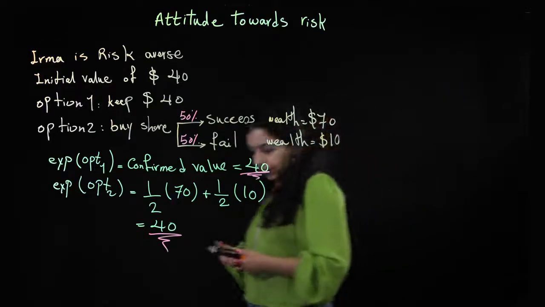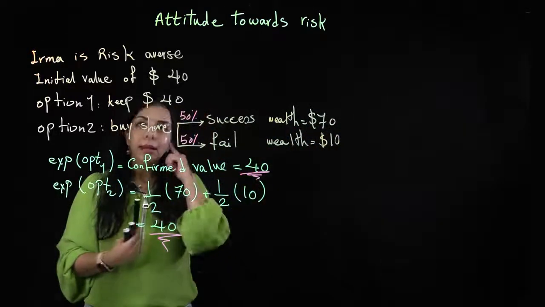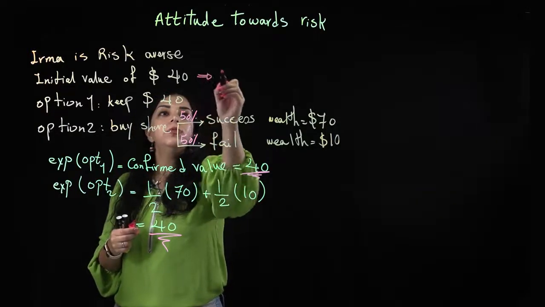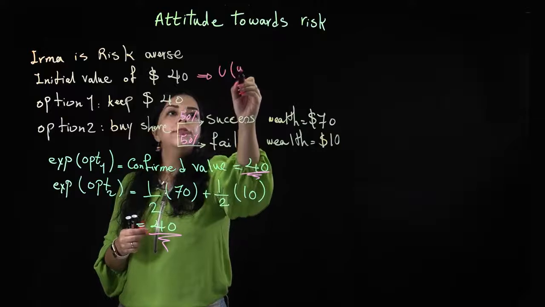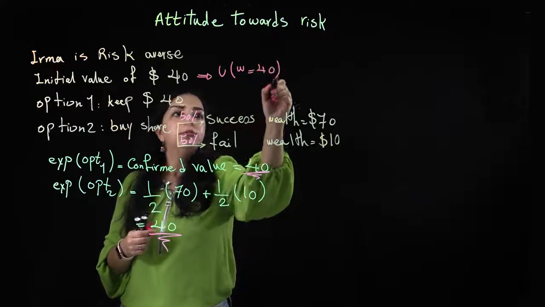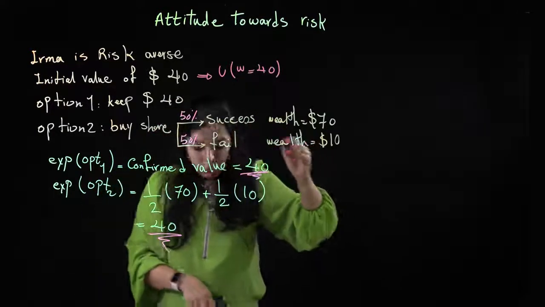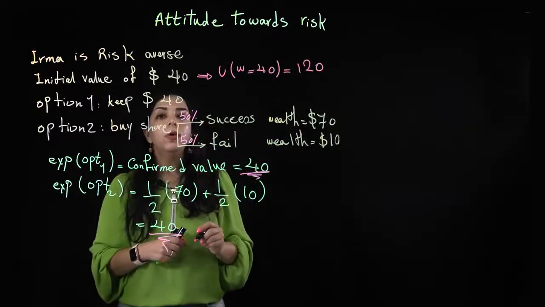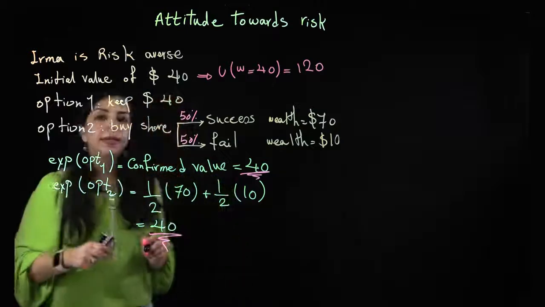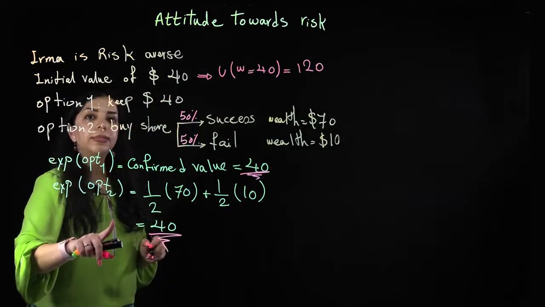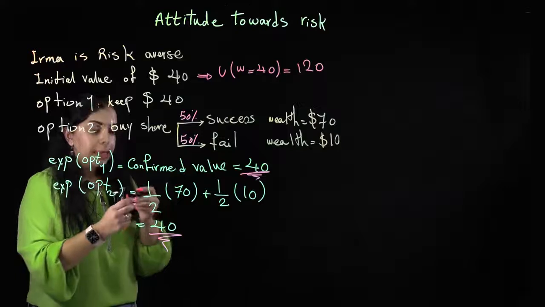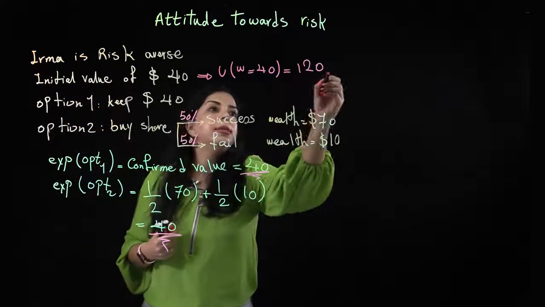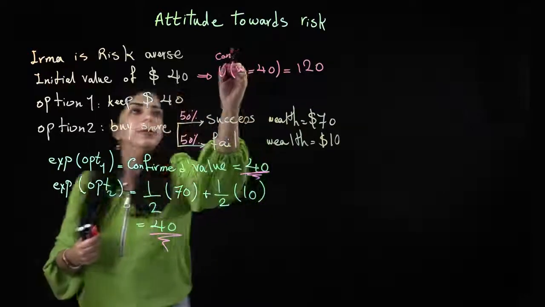So let's say, for example, that if the initial value is equal to 40, then the utility of the wealth of 40 is equal to 120, according to the textbook. So now we want to calculate the expected utility of the expected value of the wealth. Here, since the wealth is confirmed, this 120 is a confirmed utility.